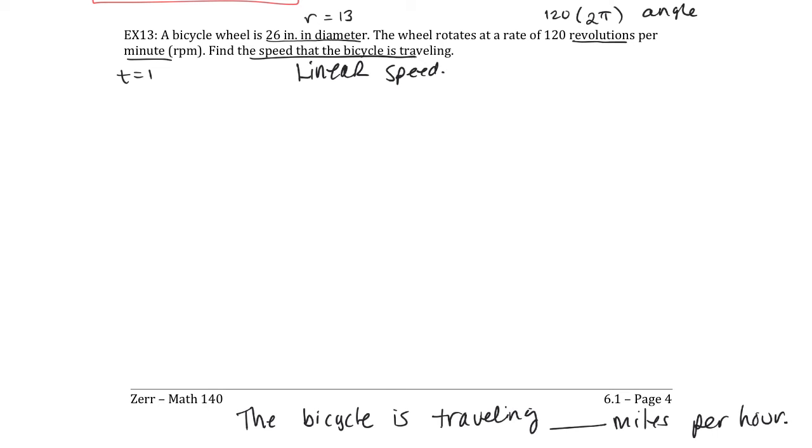We've got two formulas we could use for that: v equals s over t, or v equals r times angular velocity. Since we know the angle and we know the time it's taking, it's not going to be very hard to figure out our angular velocity. So let's use this formula.